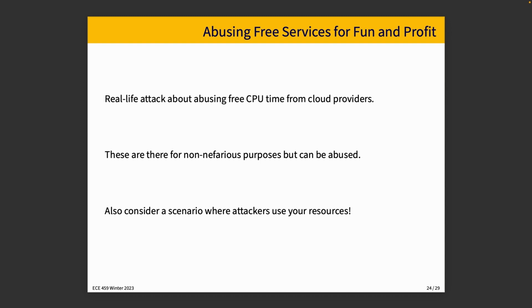If they do that, it's costing you money, but it's also potentially hurting your actual operations because resources are limited. If attackers are using your CPU time to advance their own financial interests, it's a problem because that CPU time is not going to your customers, who probably want it to serve their requests.